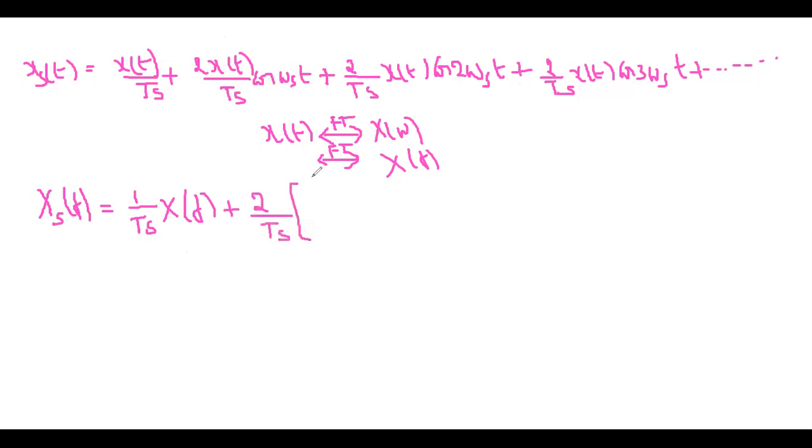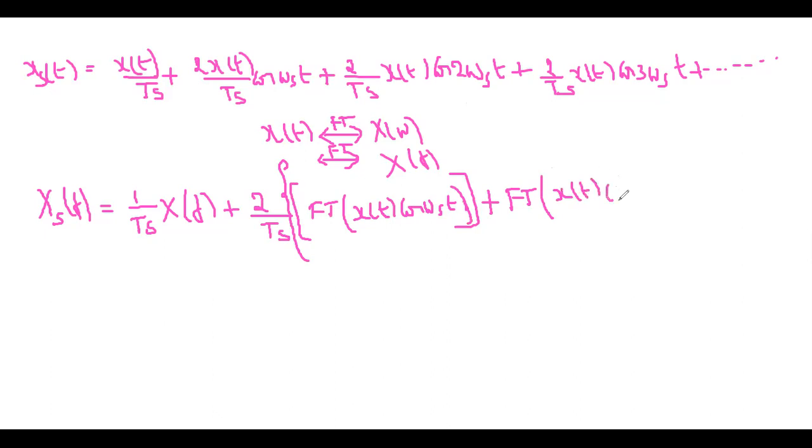Now the Fourier transformation of x of t cos omega s into t is all the terms common with the 2 by ts, plus the Fourier transformation of x of t cos 2 omega s into t, okay, plus so on.